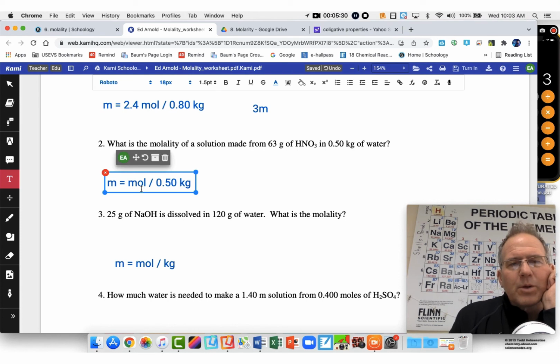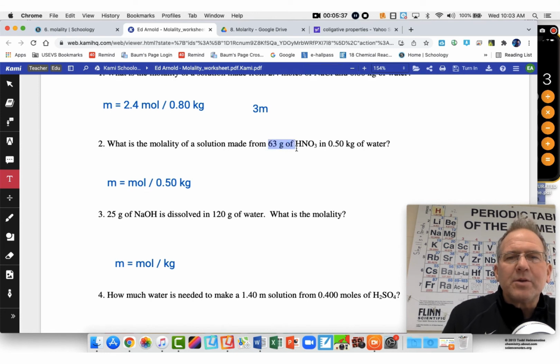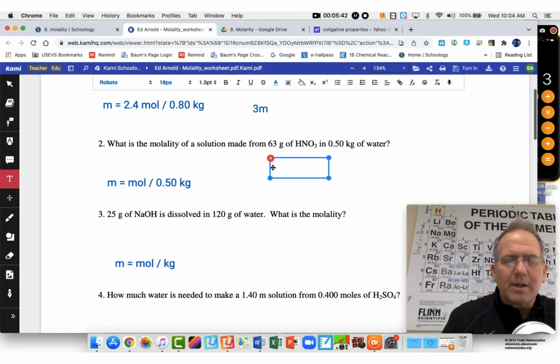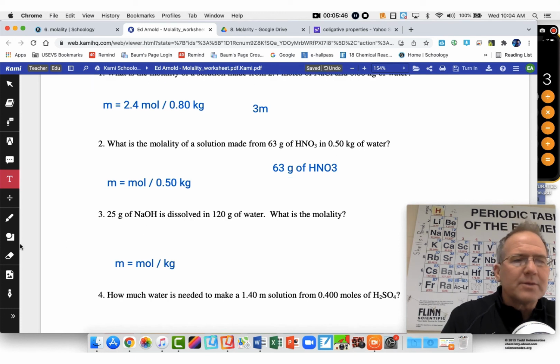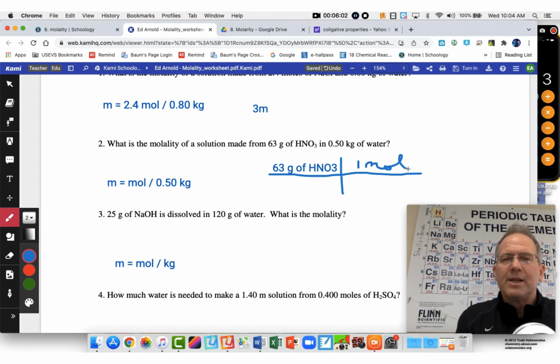So we're going to have to do a little bit of math here. So we're going to make this right here, the 63 grams of HNO3. Let's copy that. Let's paste that right here. And then let's put that into a factor label table for ourselves. So if we make a quick table here, right there we go. And we put moles on top. Remember, it's always going to be 1 mole. And then we find the mass of that HNO3.